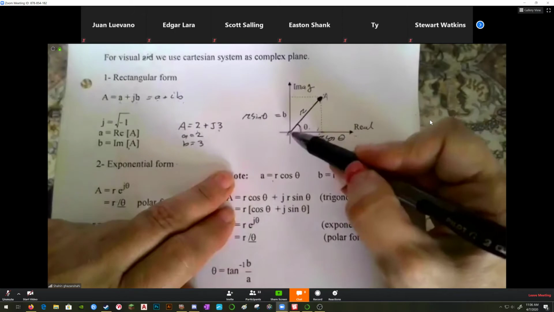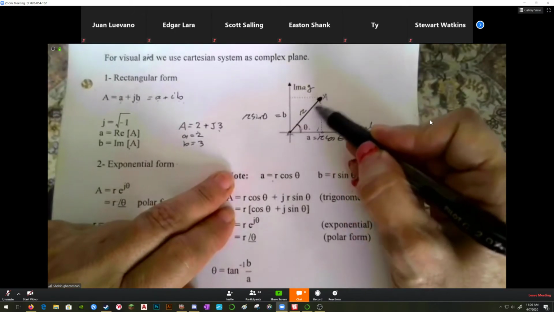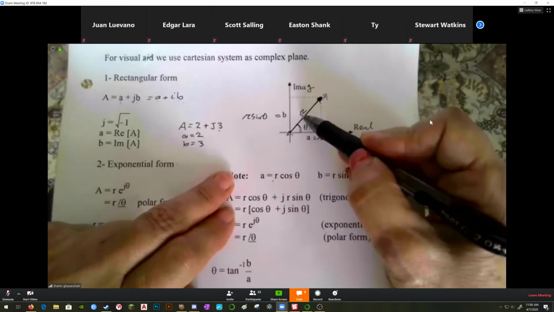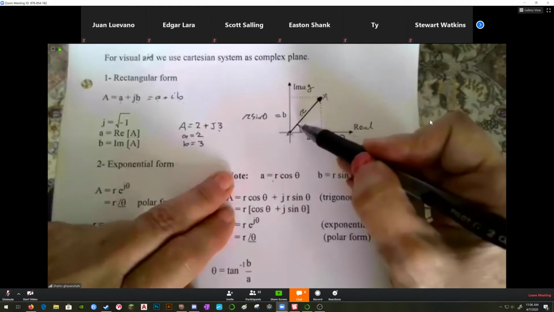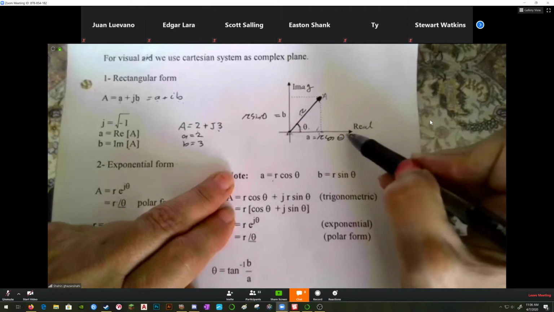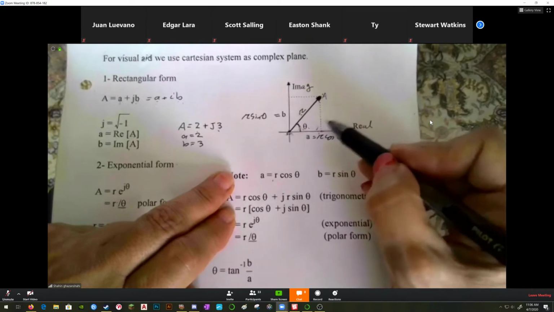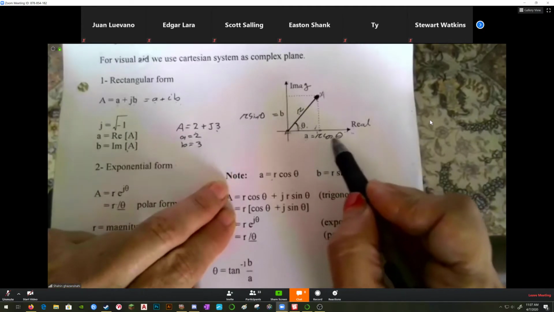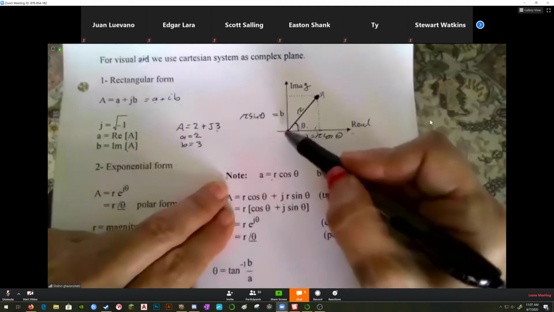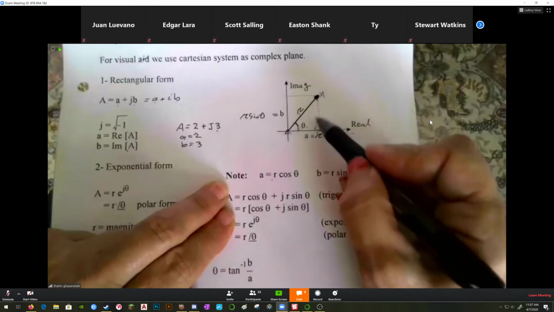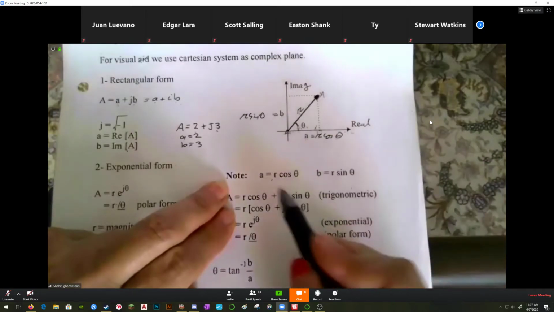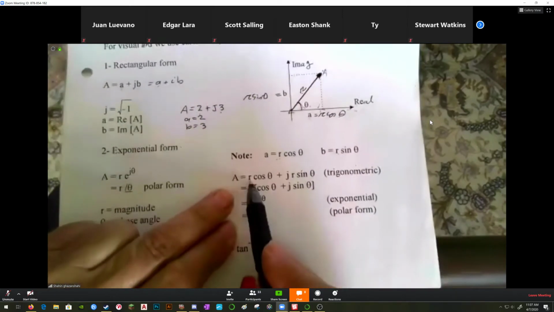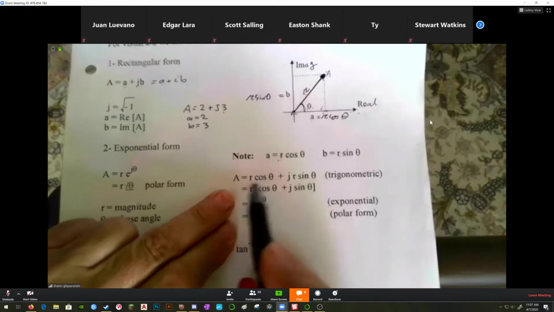If I connect A to the origin and the length of this vector I show with R, and the angle with the real axis with theta, I can write A and B: the real component is R cosine theta, the imaginary component is R sine theta. Is that correct? So I can put these instead of A and B here.